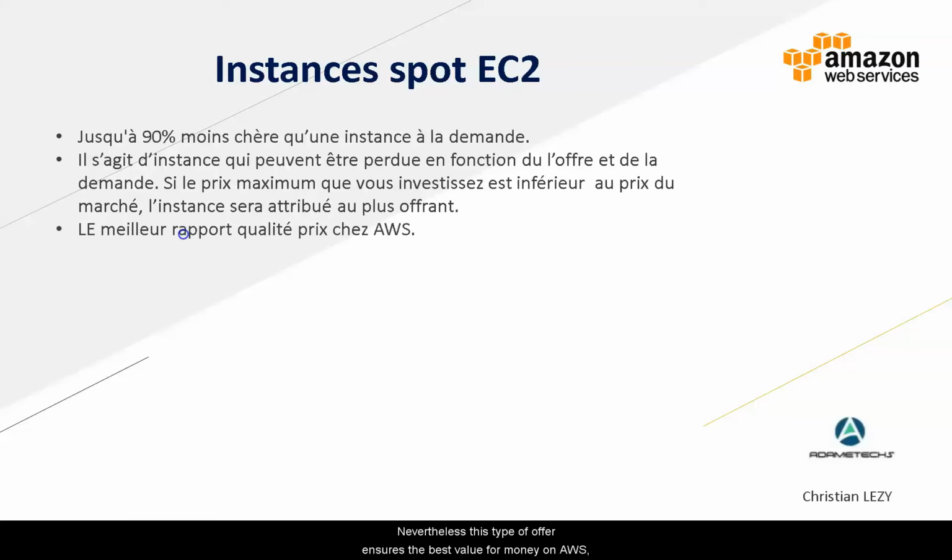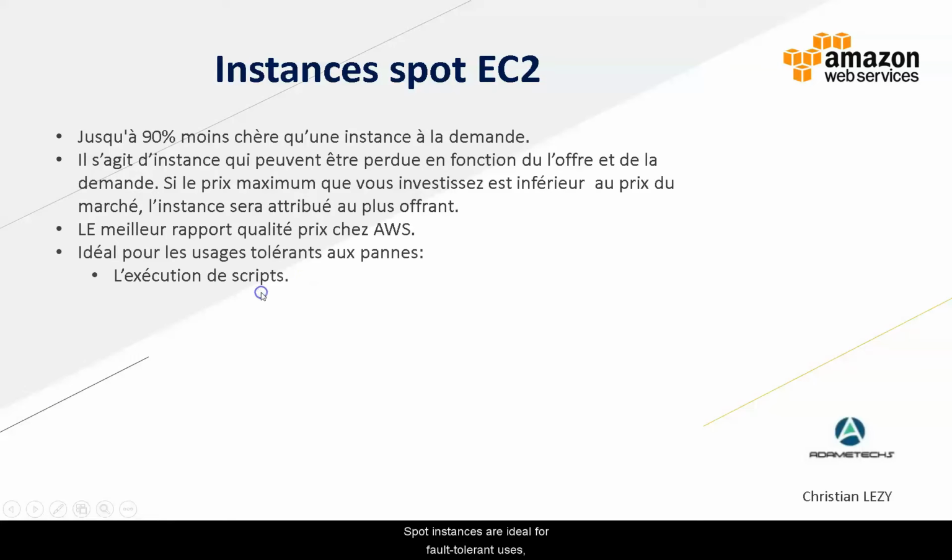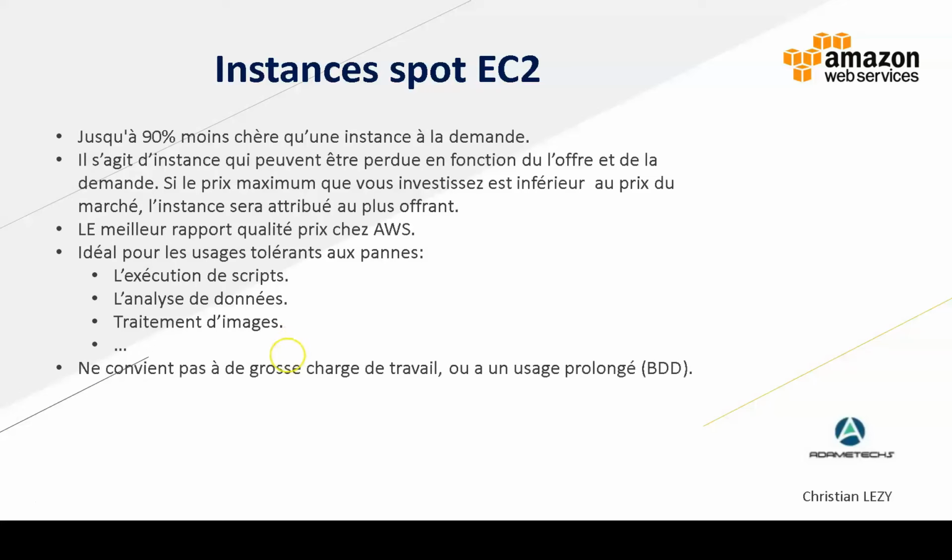Nevertheless, this type of offer ensures the best value for money on AWS. The price difference is over 80%. Spot instances are ideal for fault-tolerant users, such as script execution and data analysis. Since those are one-time tasks, in case that the mission stops, they can be restarted quite quickly.